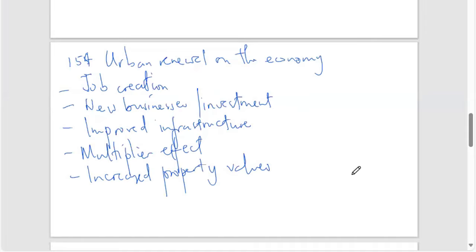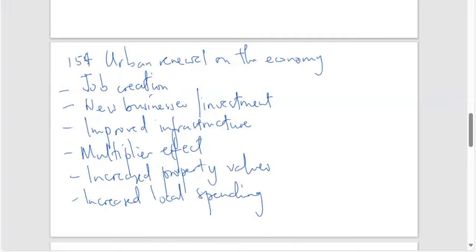Or you can talk of increased local spending in the area. If people are now gainfully employed in the area, they are now able to spend more. If property owners are now getting high value for their properties, they're also going to spend more, and that is going to cause a multiplier effect. It's going to cause more production and more activity to happen in the long term.